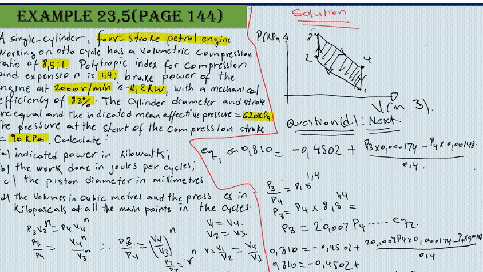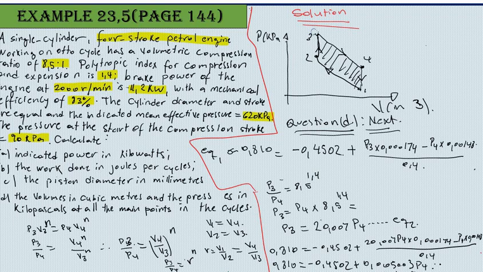So I have 20.007 multiplied by 0.000174 minus 0.00148, and then I need to divide by 0.4. So I'm going to end up with 0.005003 P4. So now I can make P4 the subject of the formula.